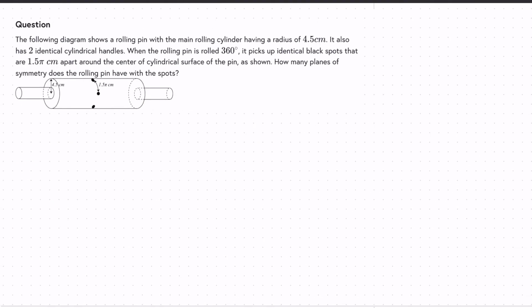This question here is giving us a diagram, and once more, it's asking us for how many planes of symmetry. So in the last question, it was lines of symmetry. In this one, it's planes. And the difference between a plane and a line is the line is done in 2 dimensions, whereas a plane is 3 dimensions.